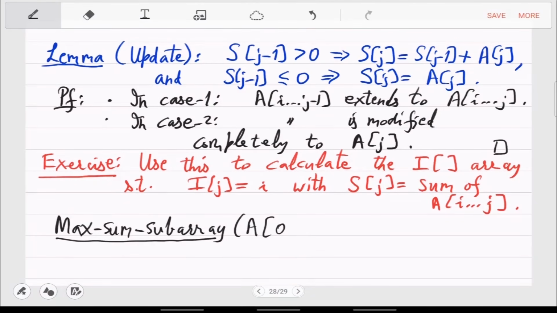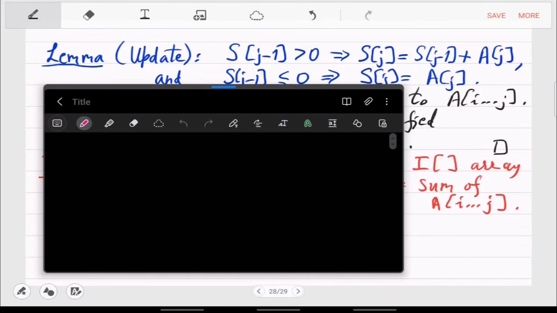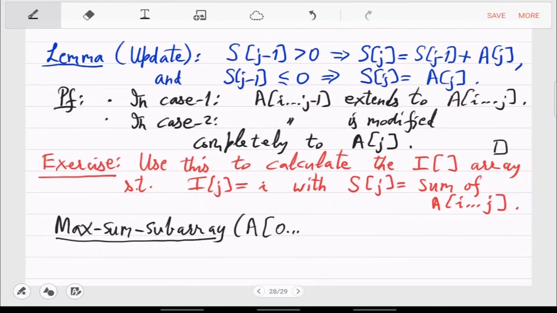So take the array A, initialize the S array to the 0th element, and do the for loop.